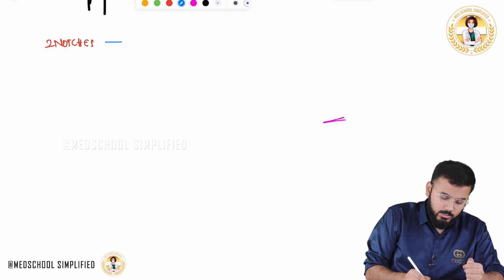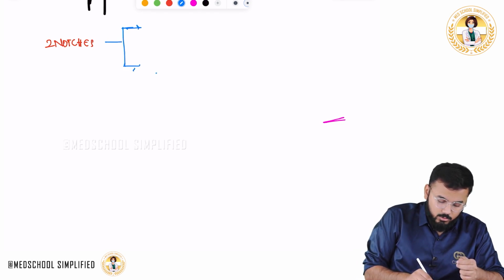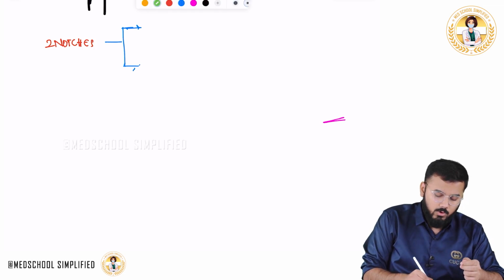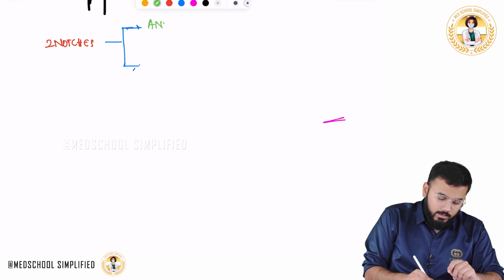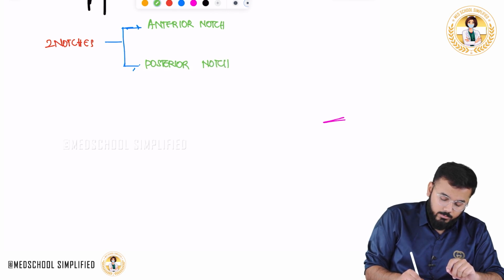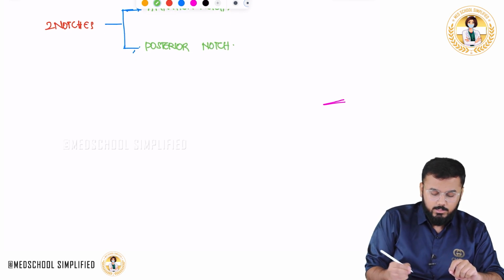What are these two notches? One is called the anterior notch, and the other one is called the posterior notch. These are the two notches.